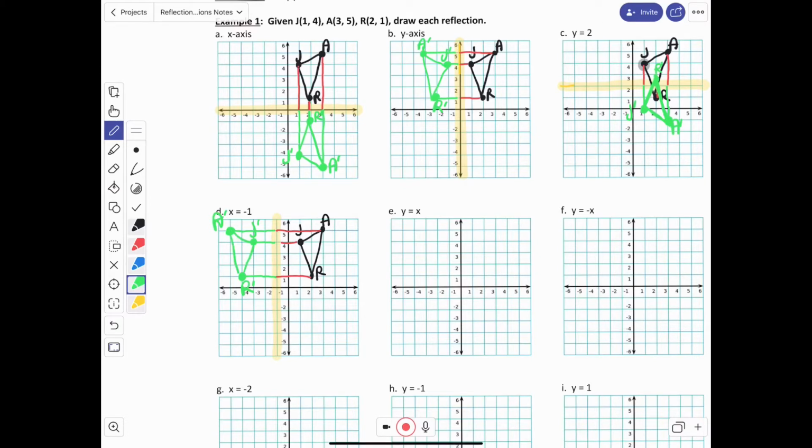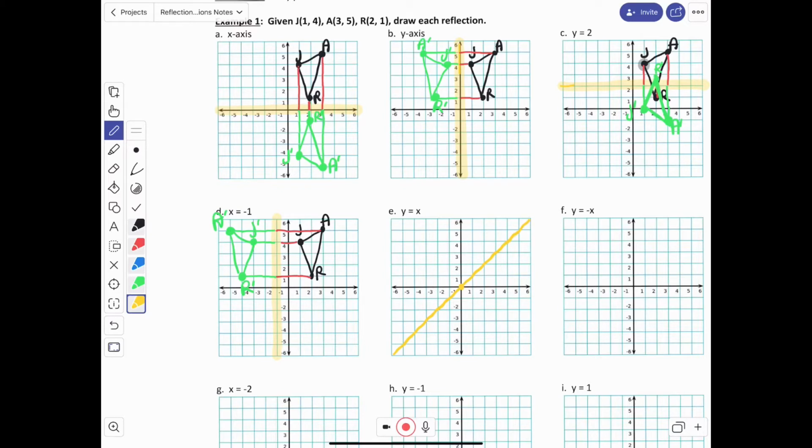Now, if it's the line y equals x, remember y equals x goes through the origin and through the diagonal of every point, just like this. It's going to be reflected across this.